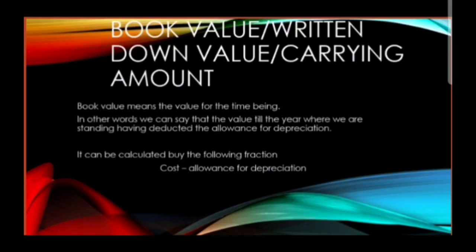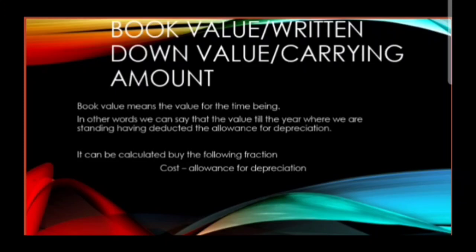Book value, written down value, or carrying amount. These all are the names of a single thing, and this means the value for the time being. In other words, the value at the year end where you are standing.